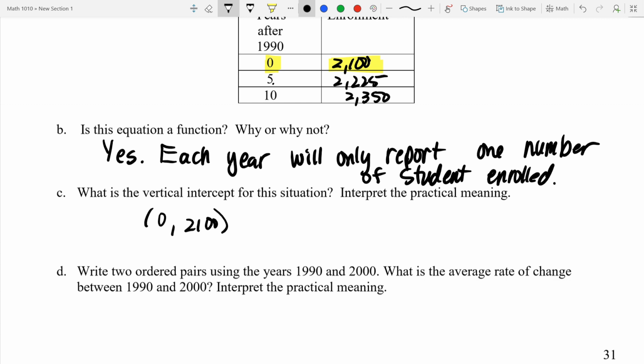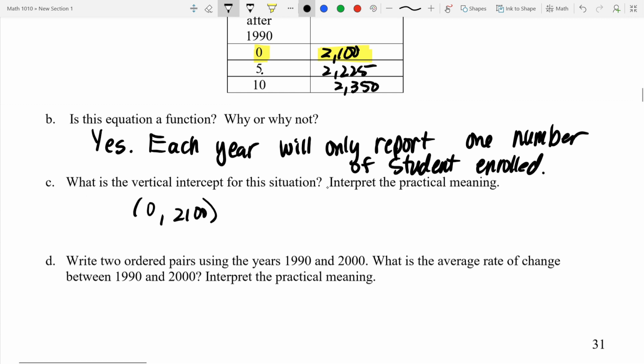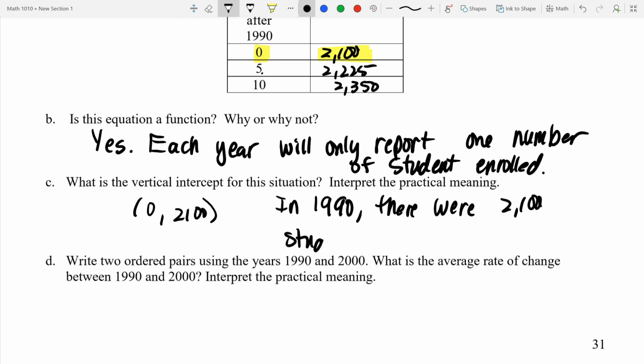Well, you'd never say 0 years after 1990. What would you say? In 1990, there were 2,100 students enrolled.